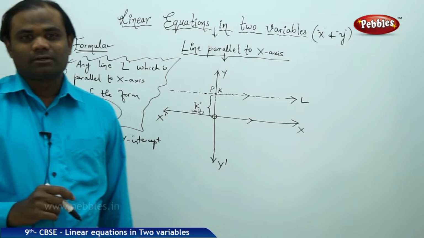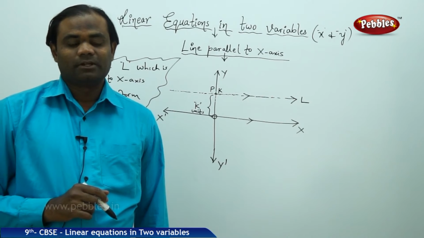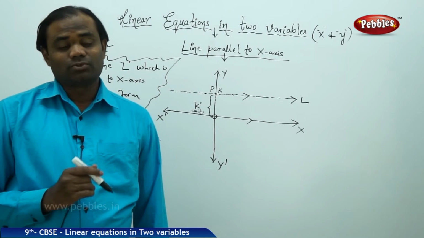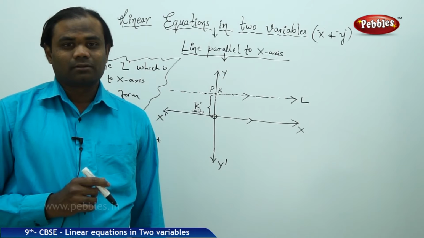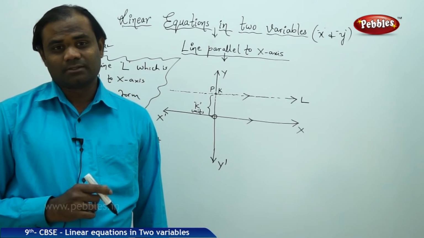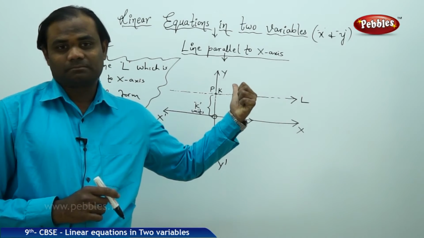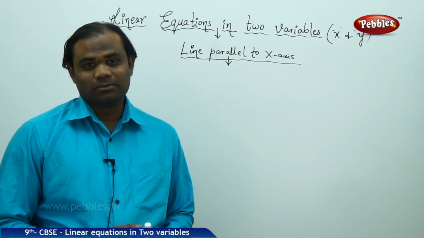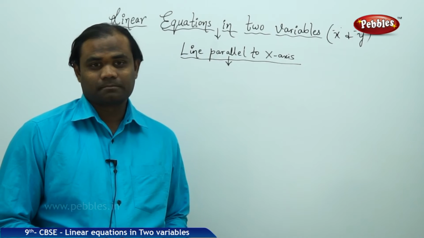Now let's see an example problem to identify the line which is parallel to the x-axis through the given formula. Now let's see an example problem to understand the concept better.